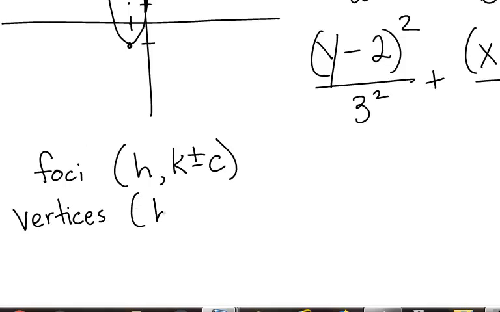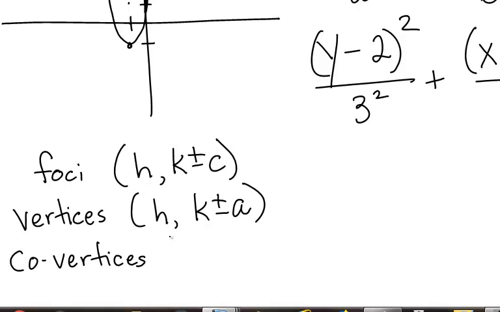The vertices are H and K plus or minus A. The co-vertices are H plus or minus B, comma, K.